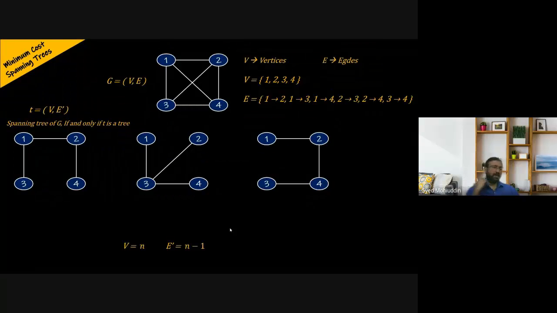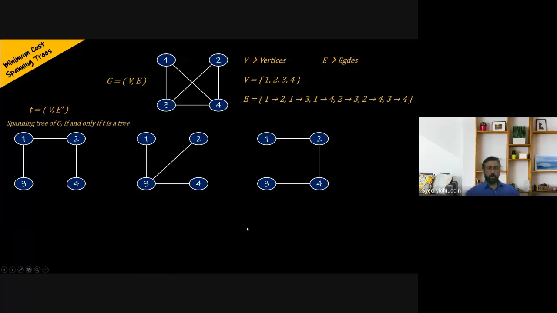We say n minus 1 edges because if all the vertices have to be connected, if the spanning tree has to be connected, then for n vertices we need n minus 1 edges. So this is one of the properties. In this case, all the spanning trees have 4 vertices, so we have 3 edges.